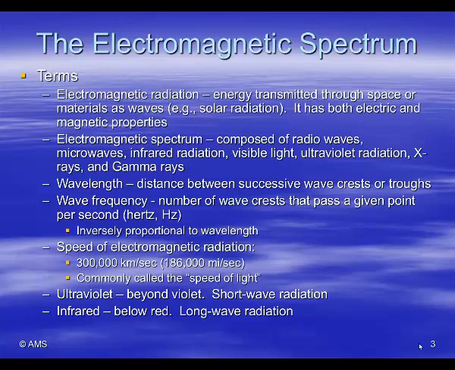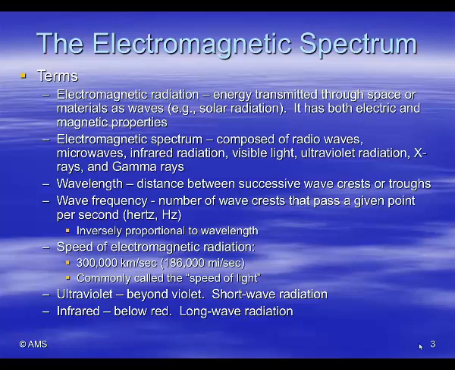Another way we could define these waves is by their frequency. All of these waves move at the speed of light in a vacuum. The frequency is the number of wave crests that pass any given point per second, and it's measured in hertz, and the abbreviation for hertz is capital HZ.